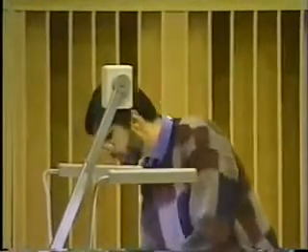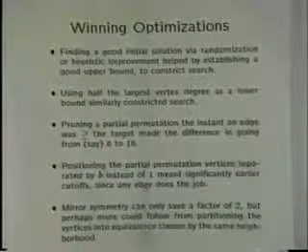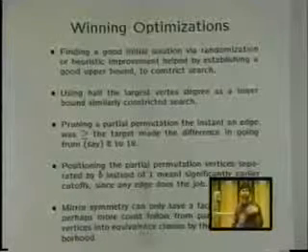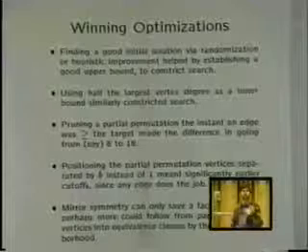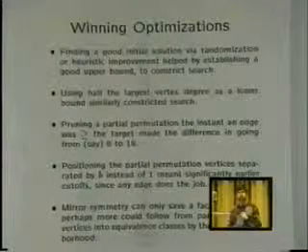Now, what were the winning optimizations? Again, we heard from the champions themselves. But basically, both of them were finding a good initial solution. You were trying to find the best possible permutation. If you knew which the best possible permutation was in advance, you were better off searching for it, because really, most of your time spent in the program is proving that there isn't a better solution once you've stumbled upon the best.